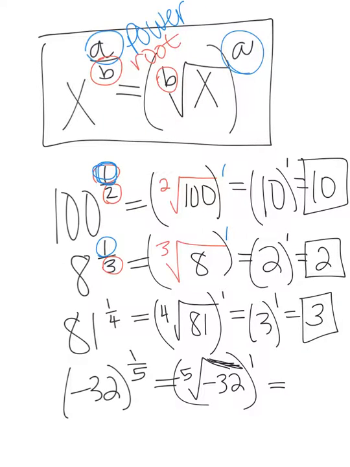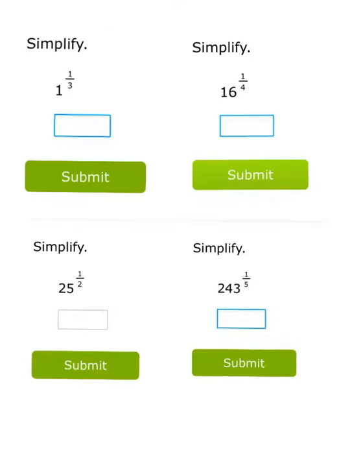So the fifth root of negative 32 was negative 2, and negative 2 to the first power is negative 2. That just explains how you go from a rational exponent to a radical. Now let's look at some of the IXL examples you will see.